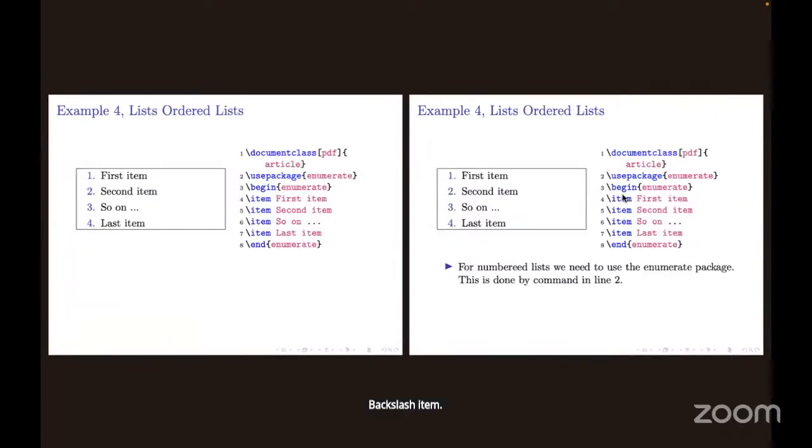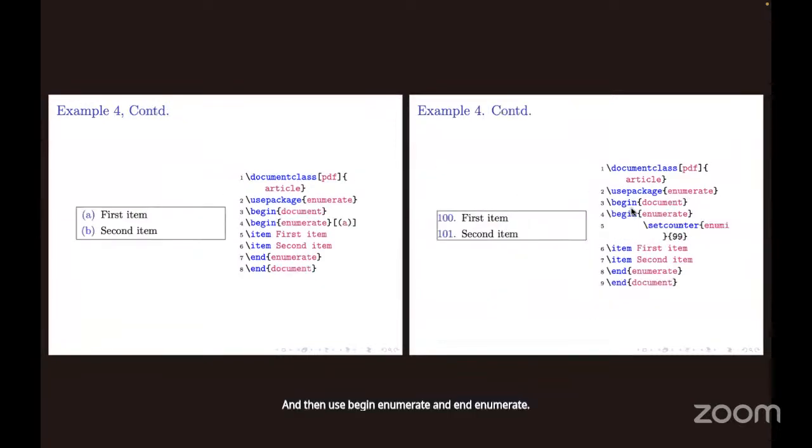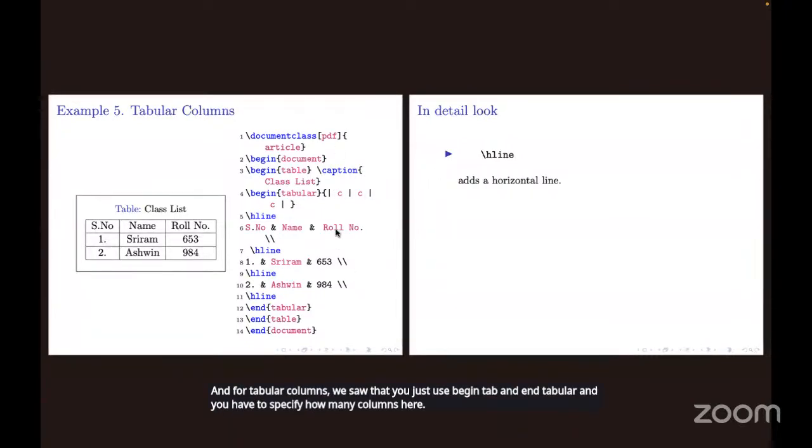If you want ordered lists, you have to use the enumerate package and then use begin enumerate and end enumerate. And for tabular columns, we saw that you just use begin tabular and end tabular, and you have to specify how many columns and the layout of the table.